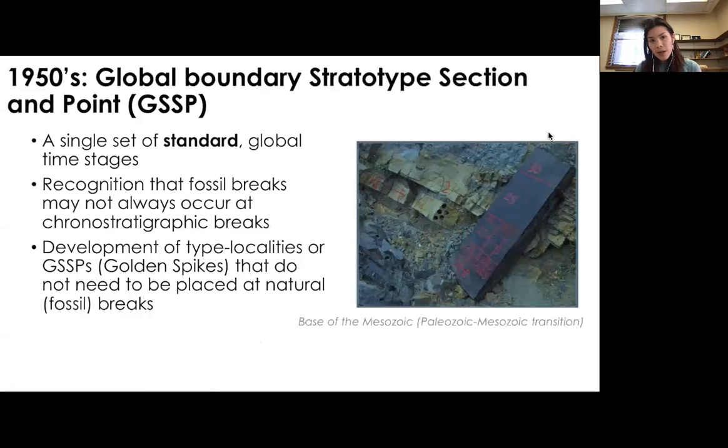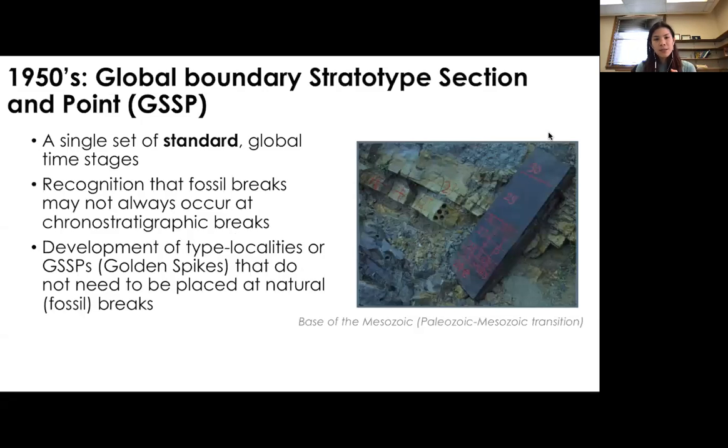These are much more standardized than the previous divisions of time, and it's formalized by a standing committee. So these GSSPs represent a standard global time stage that is not always at a fossil break. So one benefit of using GSSPs is the recognition that fossil breaks may not always occur at time breaks, and time breaks may not always have to occur at fossil breaks. So it allows us to separate those two a little bit more.